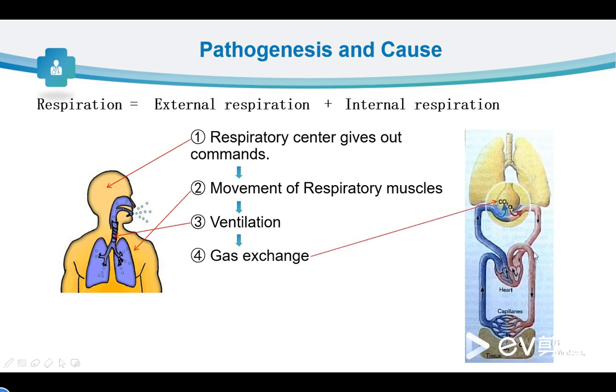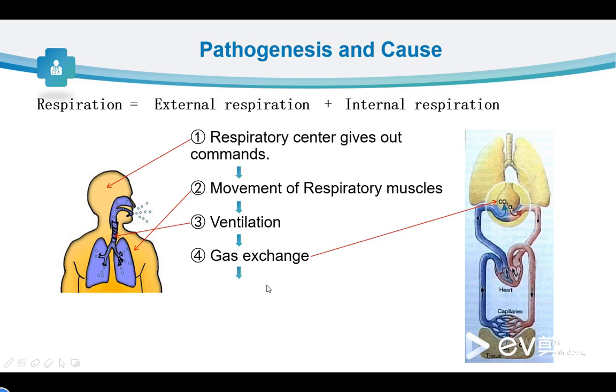Once the gas goes into the alveoli, there will be a gas exchange in the alveoli. The oxygen can diffuse into the blood, and the carbon dioxide will diffuse out of the blood and into the alveoli. That's the gas exchange.